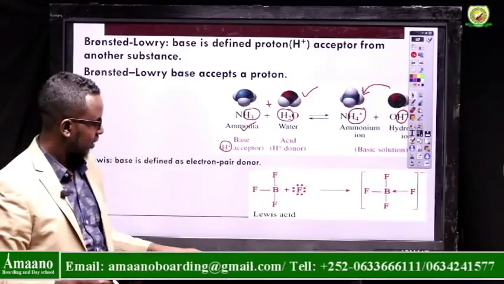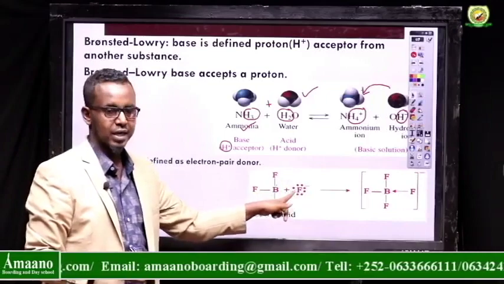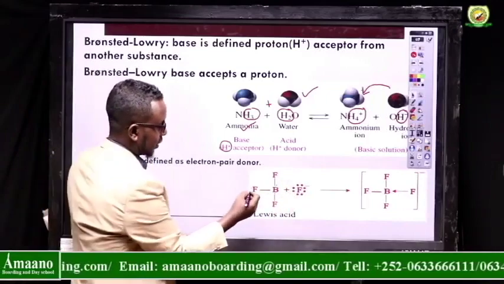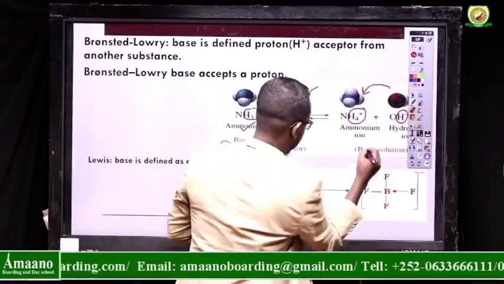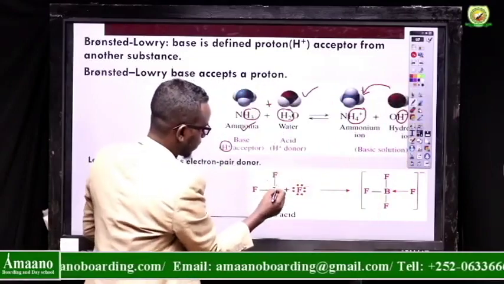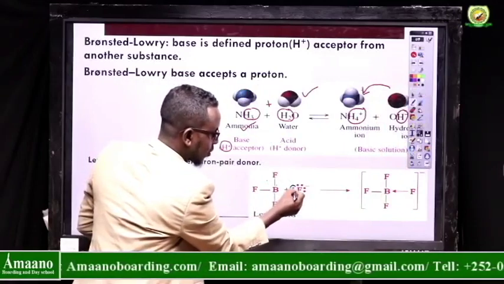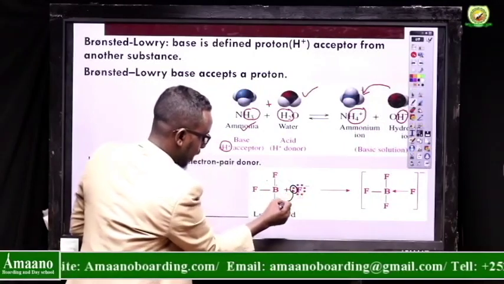Okay, consider this one. Here we have boron trifluoride, and here we have fluoride ion. This boron should accept a pair of electrons from fluorine.